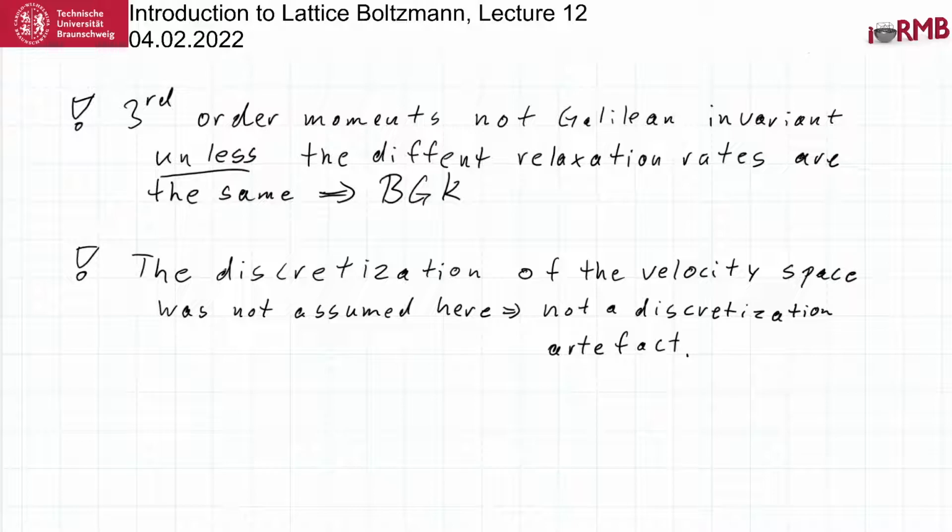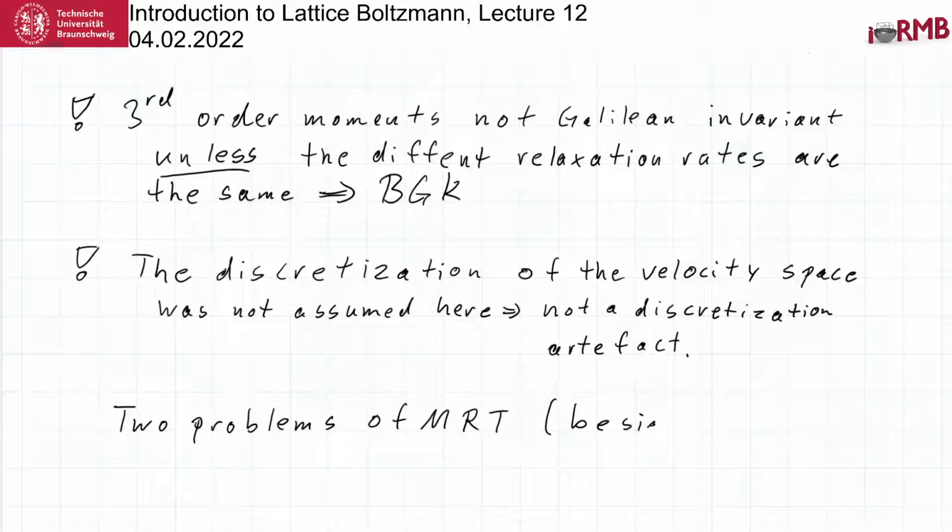Okay, so where does this leave us? This leaves us at the observation that there are two fundamental problems with MRT. And these are problems besides discretization errors. Discretization errors come on top of this, but they are not meant by this.